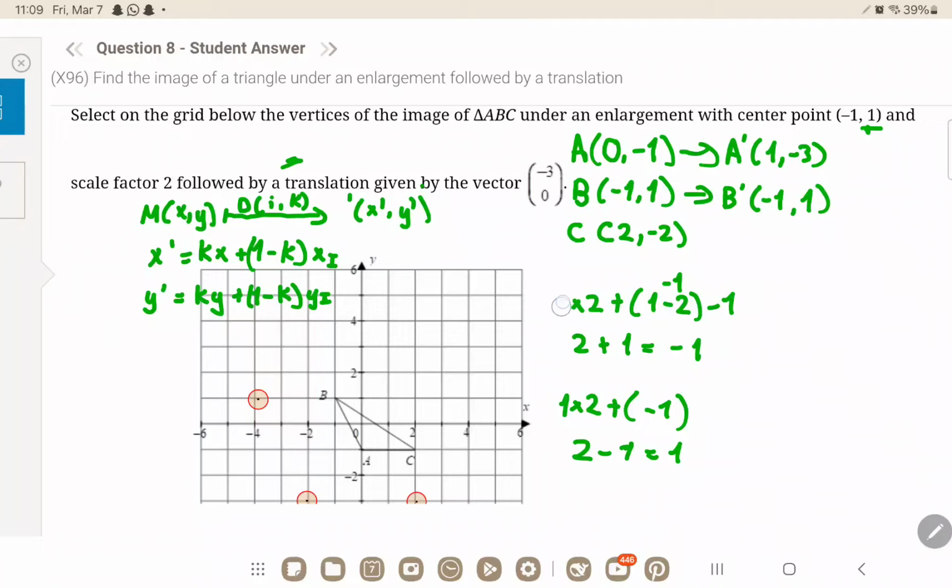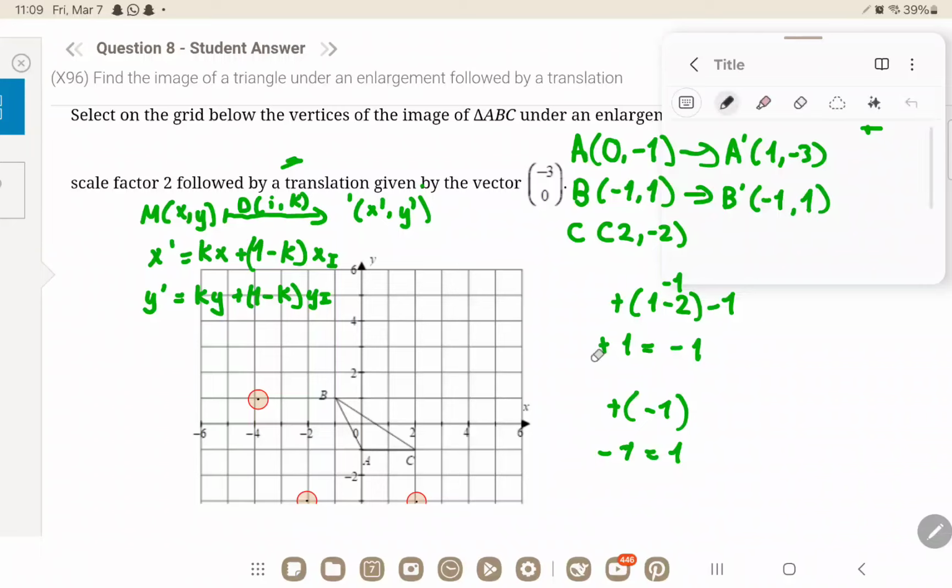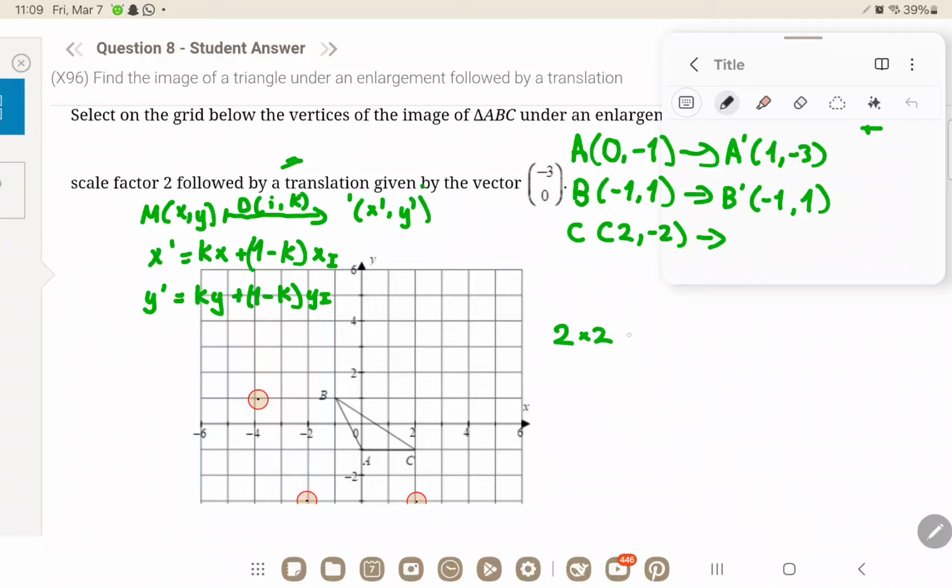Now for C. And of course I had to accidentally click the screen twice. It's fine though. Now for C, 2 into 2 plus negative 1 times negative 1, which is 1, would be 4 plus 1, so it's gonna be 5.